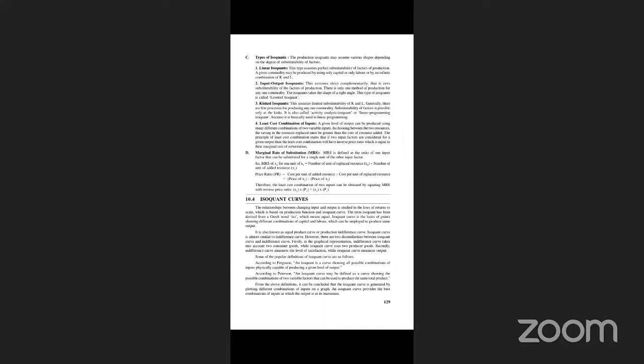An isoquant curve shows all possible combinations of inputs physically capable of producing a given level of output. So from this definition, plotting different combinations of inputs on a graph, an isoquant curve gives us the best combination of inputs at which the quantity will be maximum.